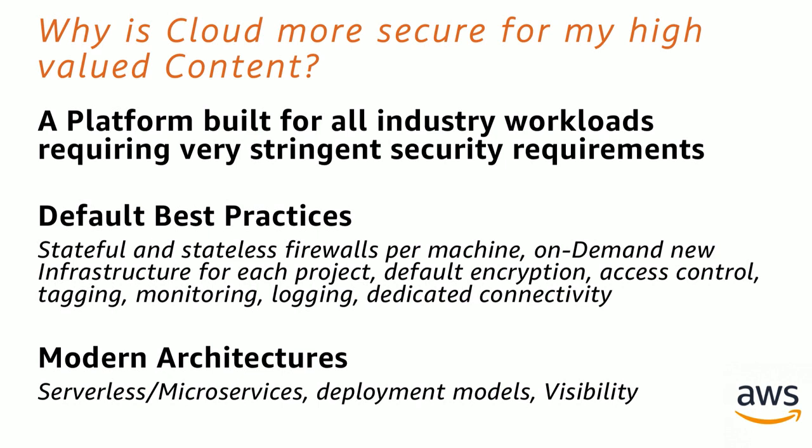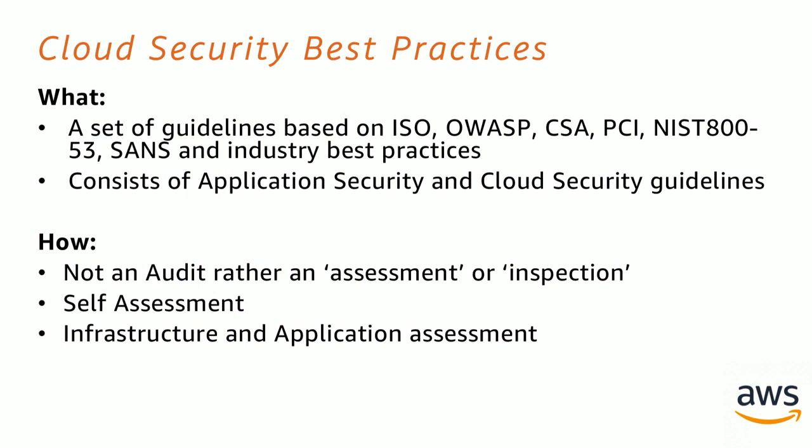We actually have customers that are doing stuff using Lambda, using Step Functions, using microservices like container-based deployments on top of the cloud for both content production as well as content or media supply chain type of workloads like transcoding, quality checks, etc. So cloud security best practices, first of all, what are those?